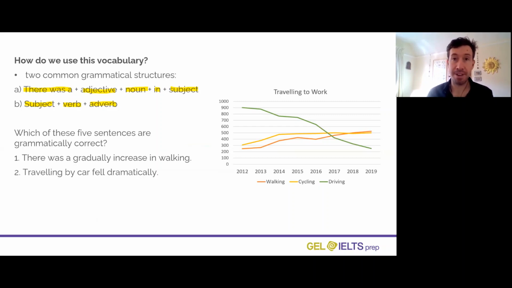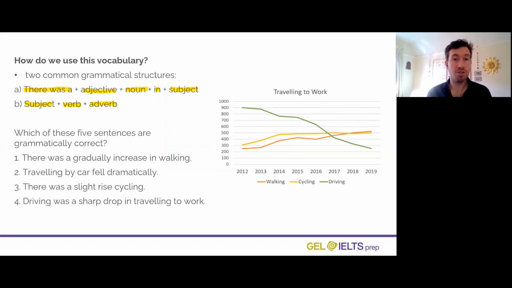Traveling by car fell dramatically. There was a slight rise, cycling. Driving was a sharp drop in traveling to work. And traveling on foot, a rise significantly. So I'd like you to look at those for a moment and see if you can choose which ones are grammatically correct.